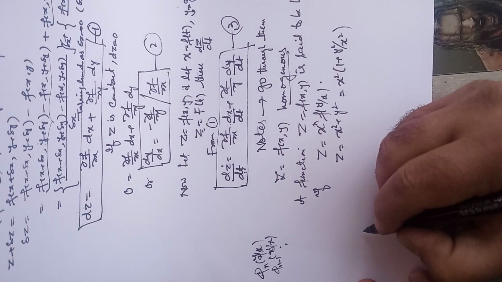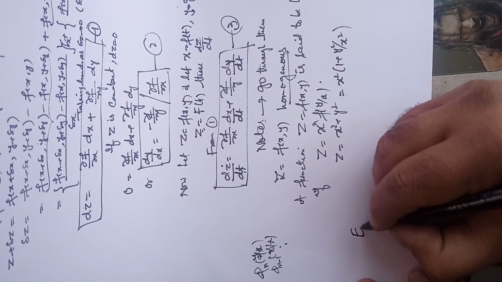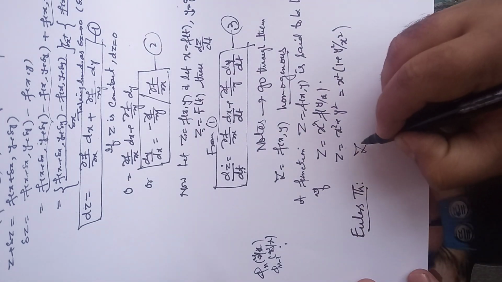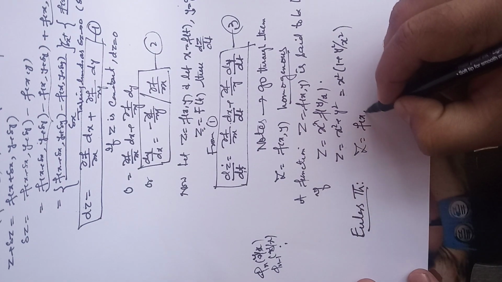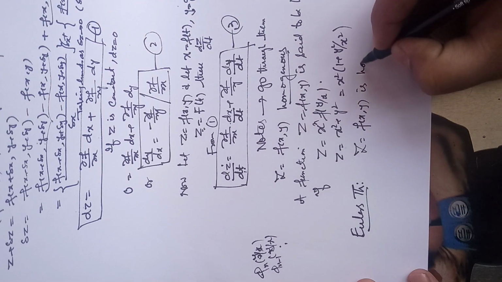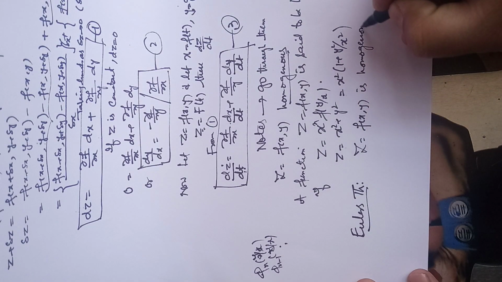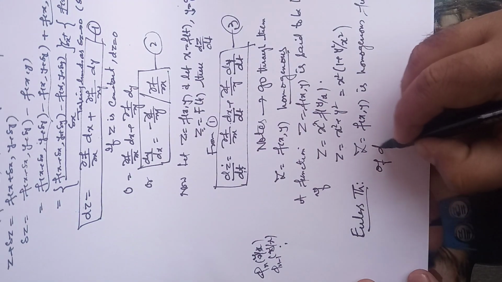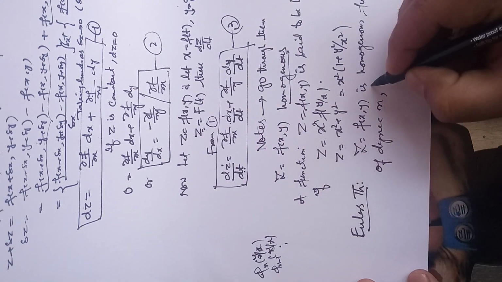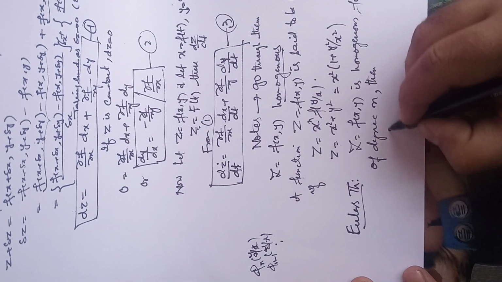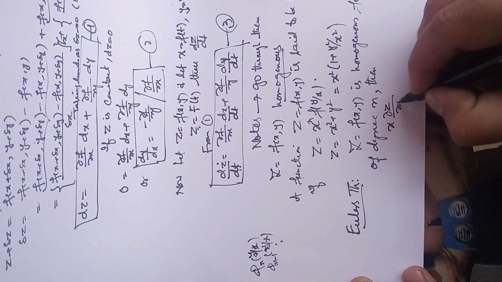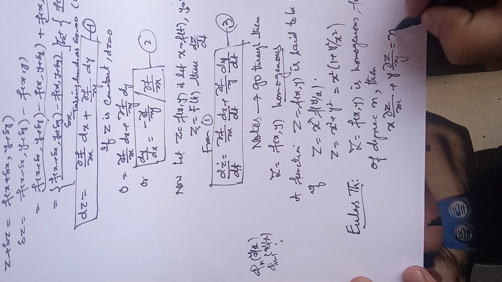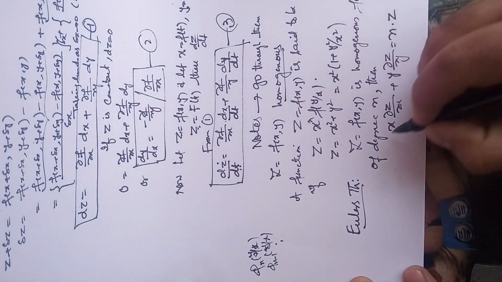And now I have a theorem which is known as Euler's theorem, which states that if z = f(x, y) is a homogeneous function of degree n, then x del z by del x plus y del z by del y is n times z.